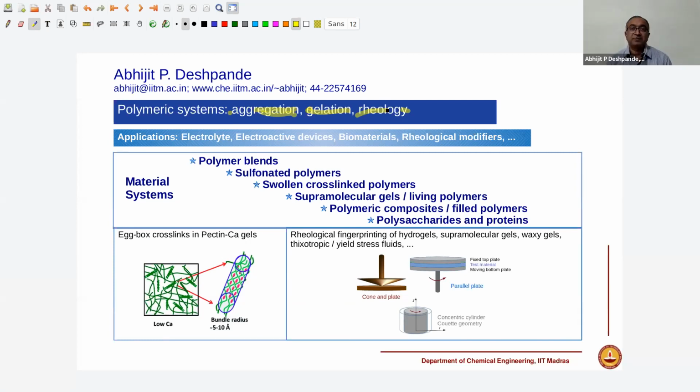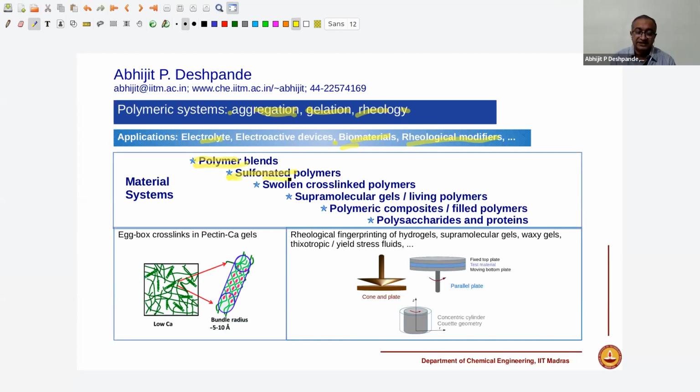The applications of the material systems which we have worked on tend to be as fuel cell membrane, a biomaterial, or a modification of viscosity. The complex materials that we generally work with could be a mixture of two polymers, so polymer blends.